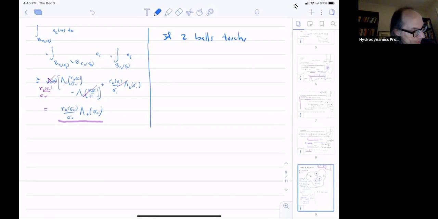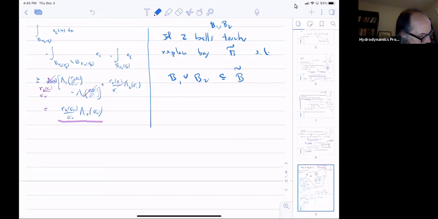If 2 balls B1, B2 touch, I replace them by B tilde, such that the union is contained in B tilde and the radius R tilde is equal to R1 plus R2.